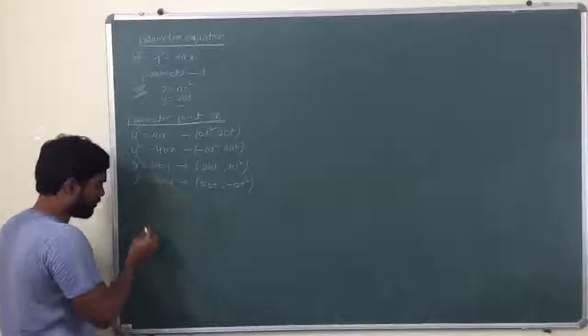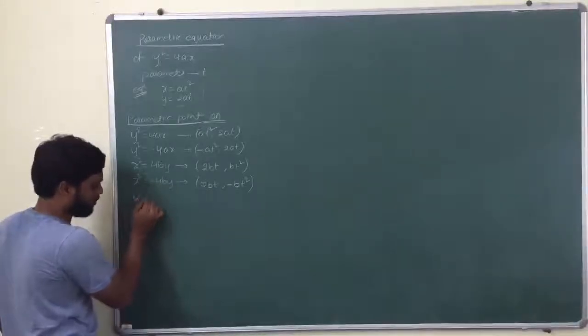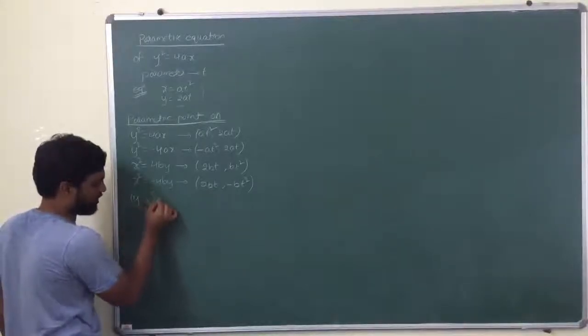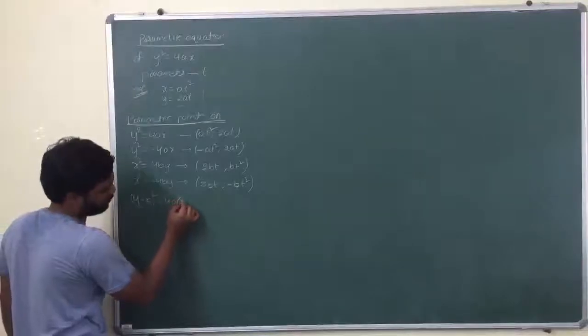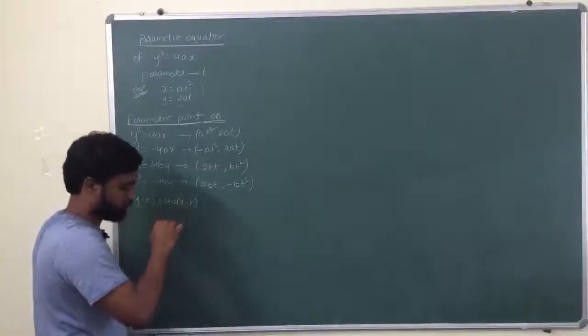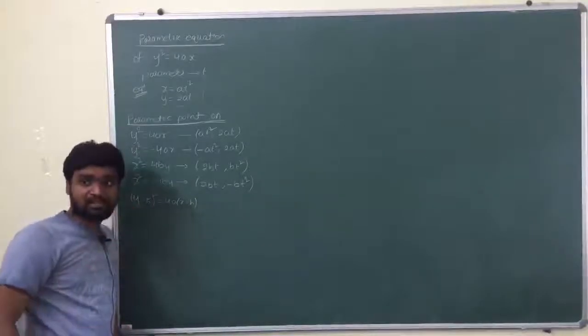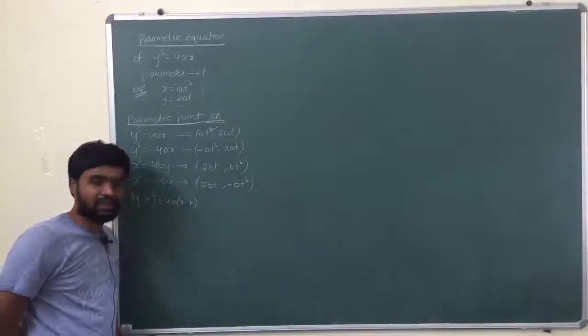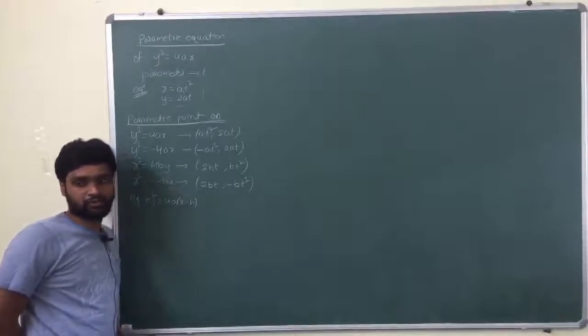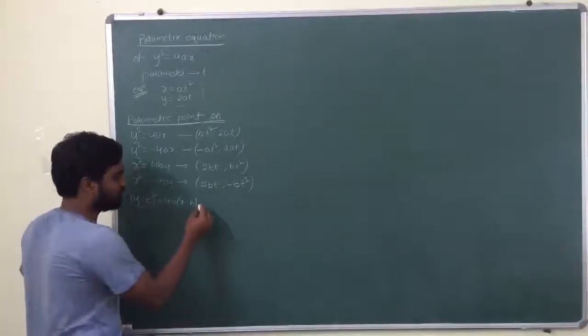Next, suppose the parabola is (y minus k) whole square is equal to 4a into (x minus h). Then what are you going to do? Okay, simple.